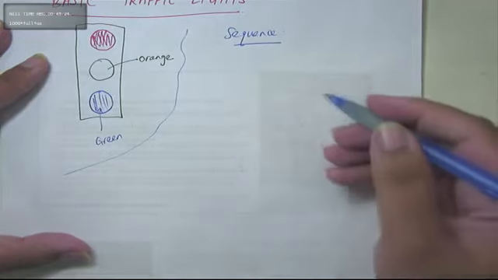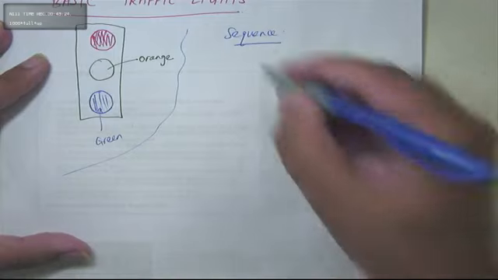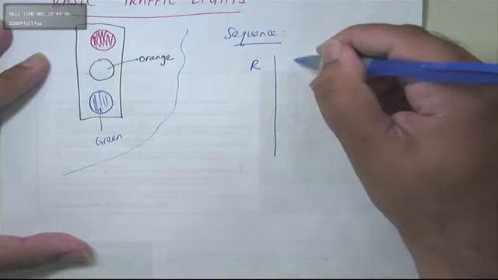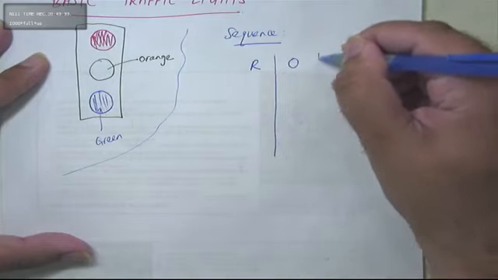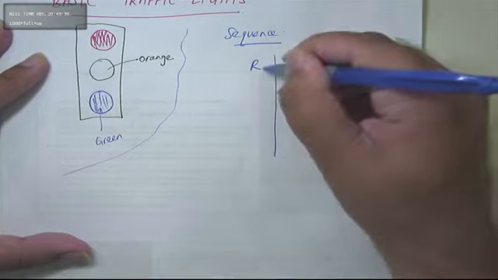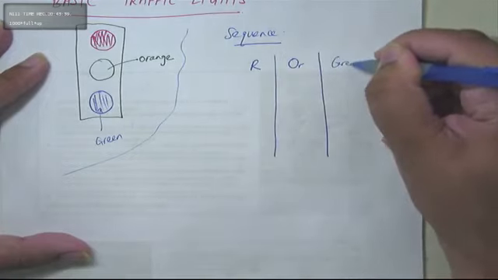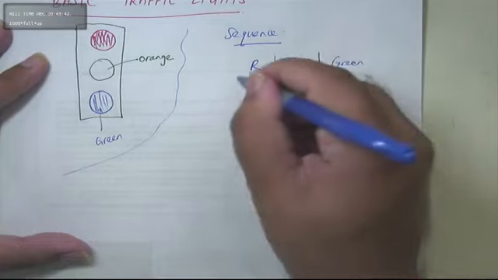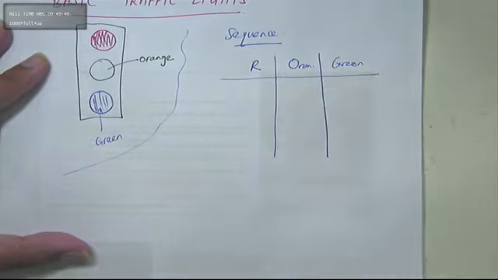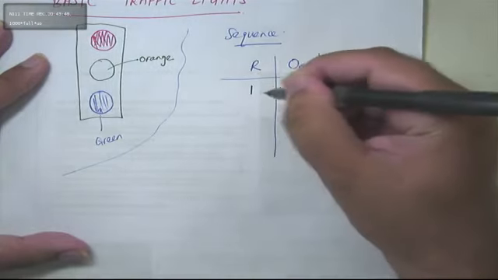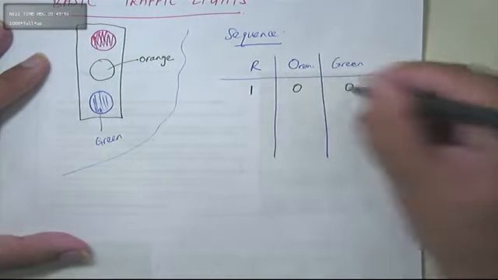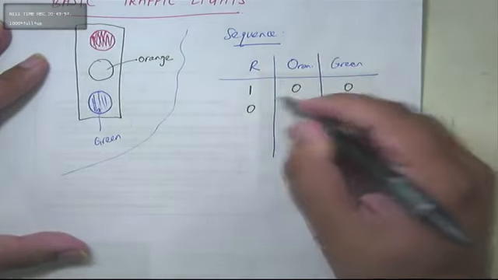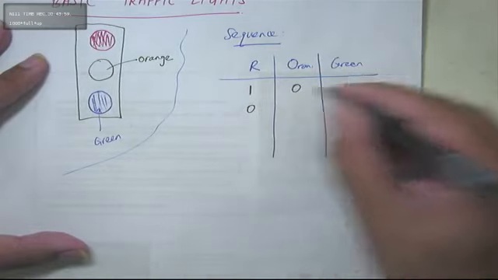So the first sequence is red, orange, green. When red is on, these two will be off. Yeah, simple. Then after that, what is the next sequence?